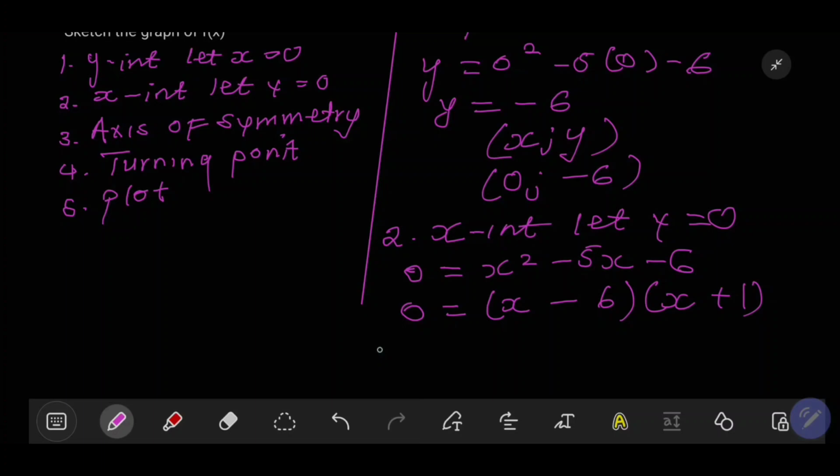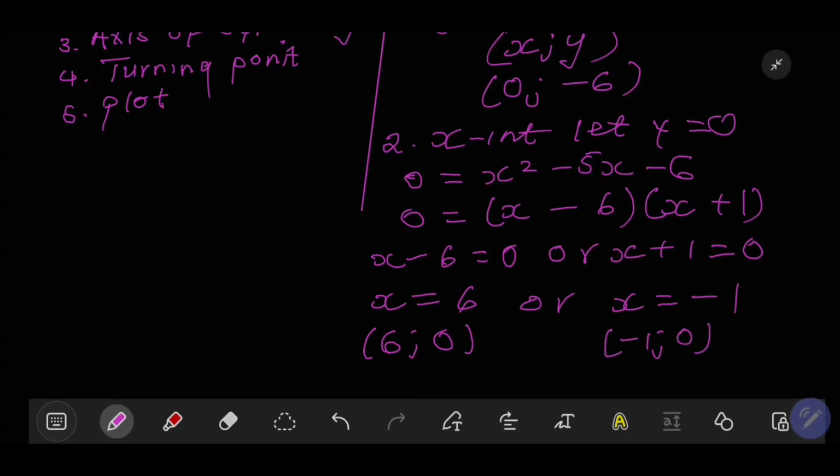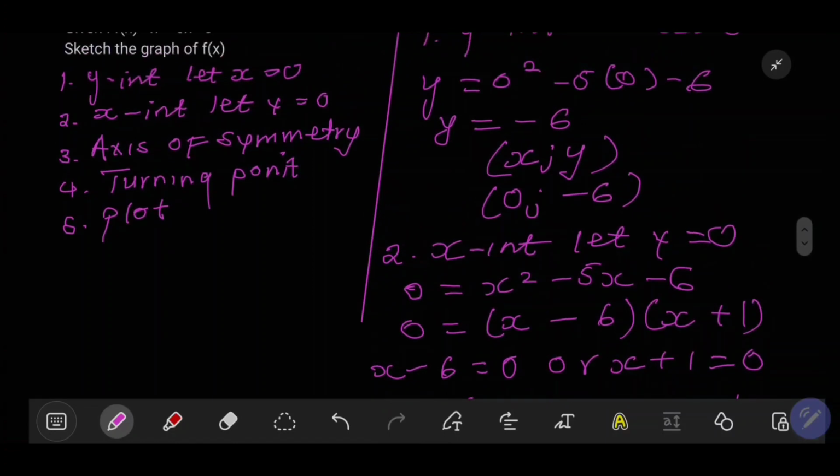Then x minus 6 is equal to 0, or x plus 1 is equal to 0. Our x value is 6, or our other x value is equal to negative 1. So this is our x-intercept. In coordinate form, we have (6, 0) and (negative 1, 0). Now we have our y-intercept and our x-intercepts.